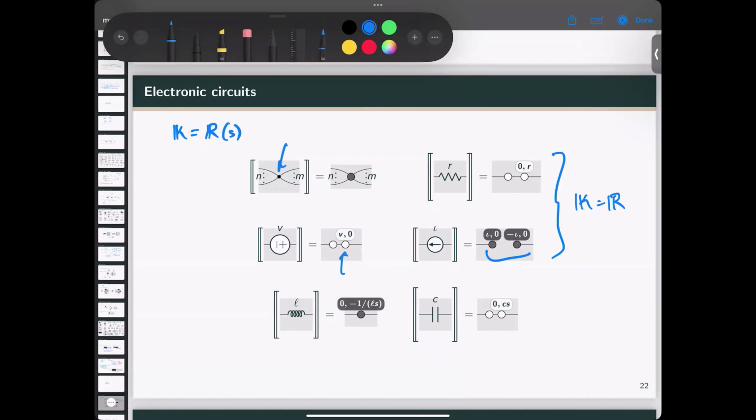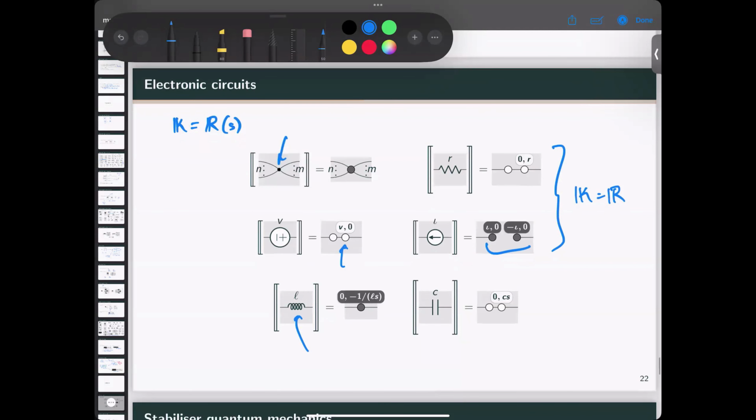And then if you would like, we can also do inductances. Is that how you say that? Coils, I can't remember what they're called in English. Once again, using the affine part, but now we have the inverse of this indeterminate appearing in our label. And similarly, capacitances are similar to voltage sources, but now with this indeterminate X.